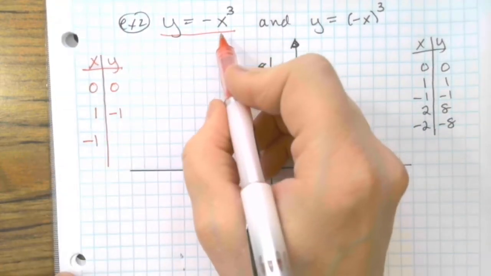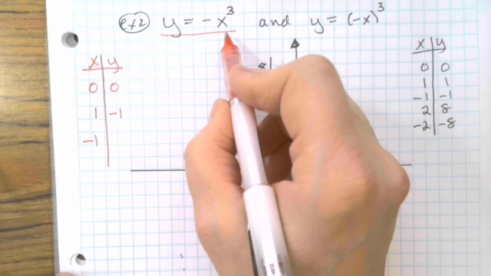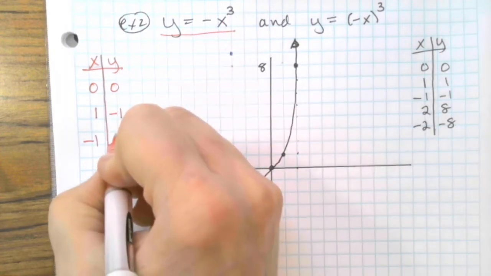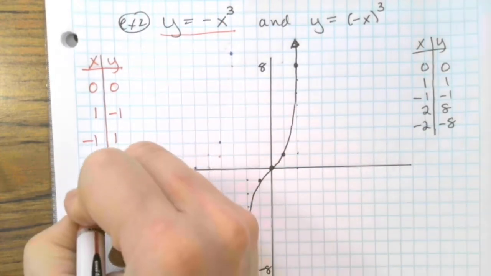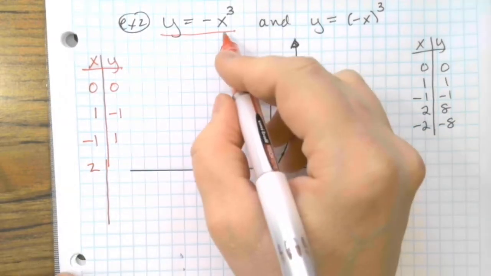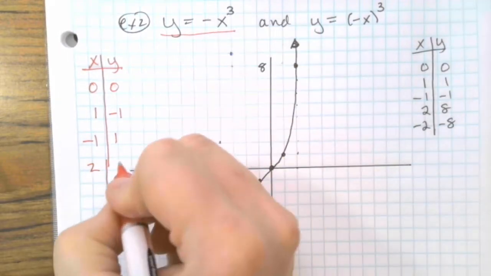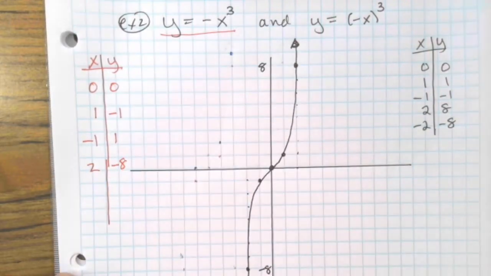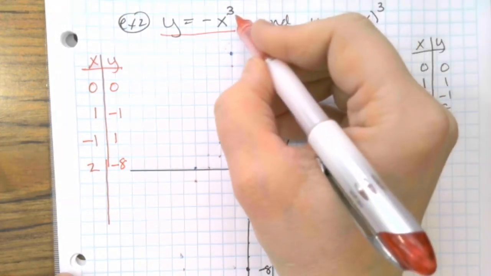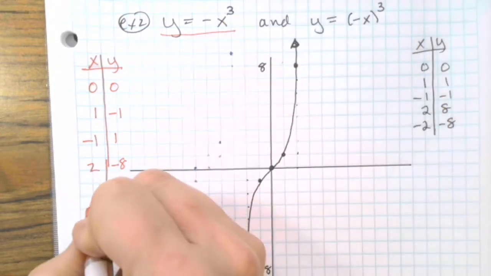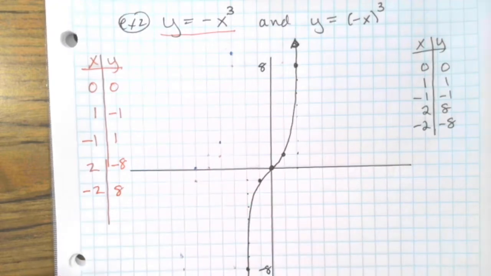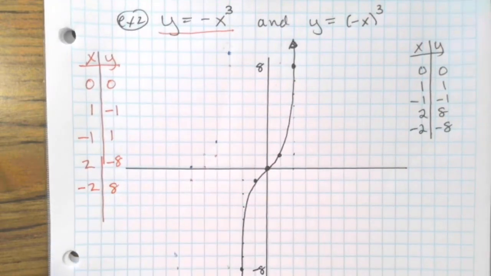If x is -1, -1 cubed is -1 times a negative is +1. If x is +2, 2 cubed is 8 times a negative is a -8. And the last one, -2 cubed is -8 times a negative is a +8. All right, those are our new points.